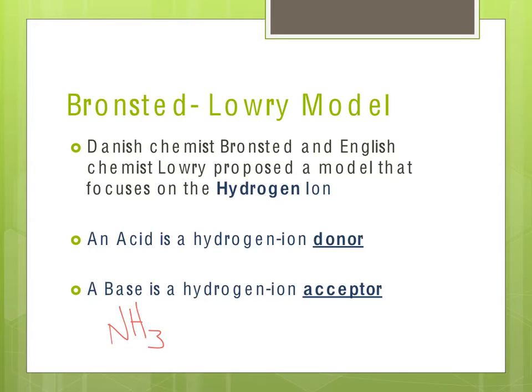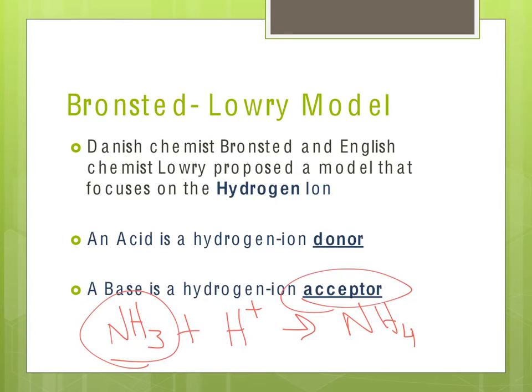It does not have a hydroxide group like the Arrhenius model would say, but if I have an H+ ion in solution, they will actually combine and make NH4+. So it accepts a hydrogen ion, and therefore it acts as a base even though it does not have a hydroxide group.